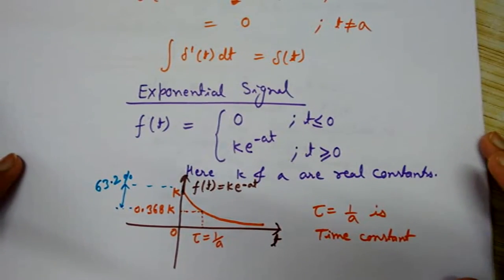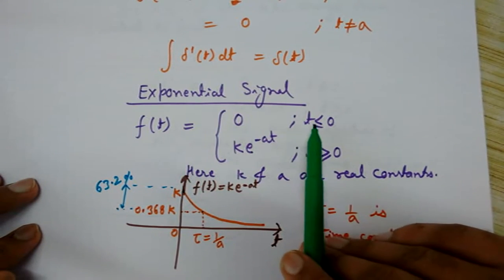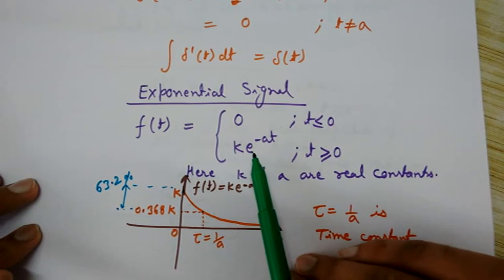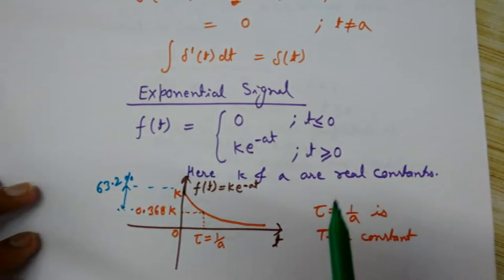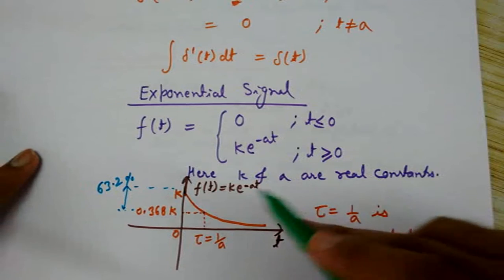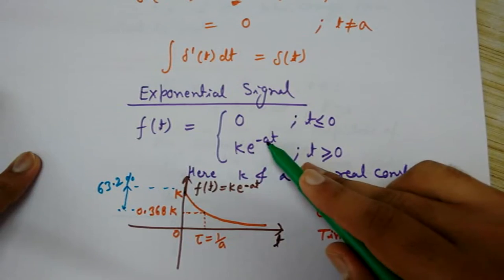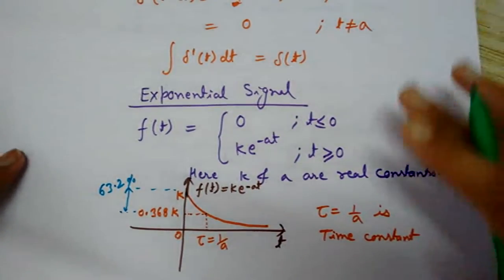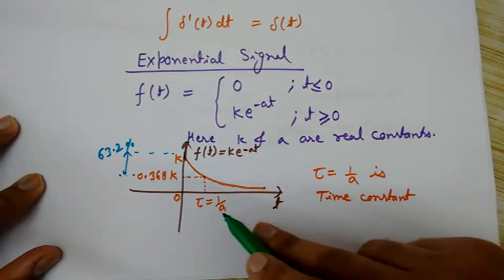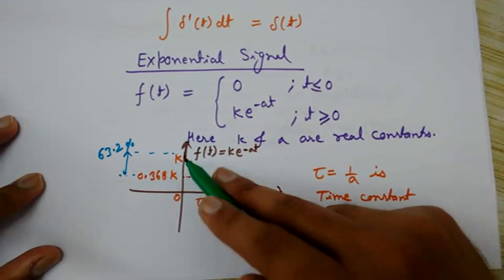The exponential signal can be defined as f of t equals 0 for t less than or equal to 0, and its value is equal to k e raised to the power minus a t for t greater than or equal to 0. Here k and a are real constants. This is the graph of this exponential signal, and it is decreasing.